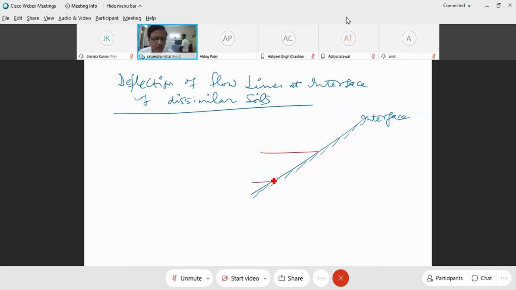These were the flow lines. Let us say AB and CD. These were the flow lines which are starting from the soil medium of K1 and entering into the soil medium with K2 permeability.